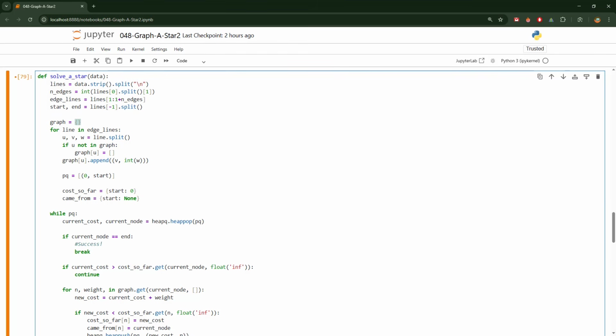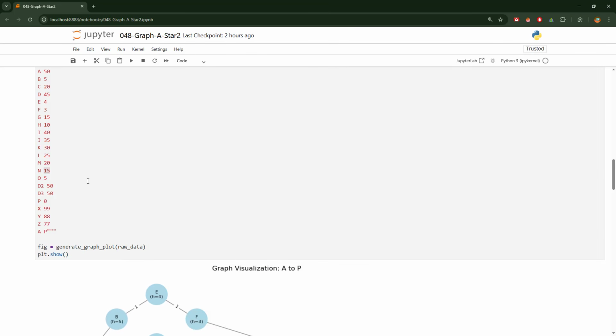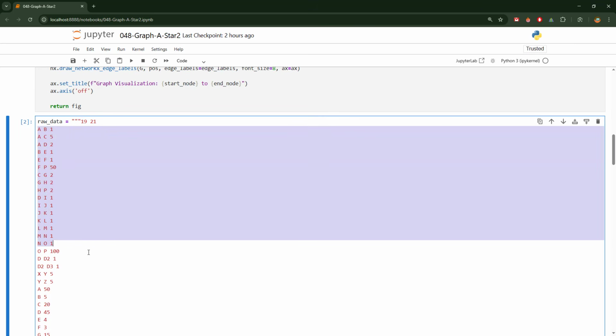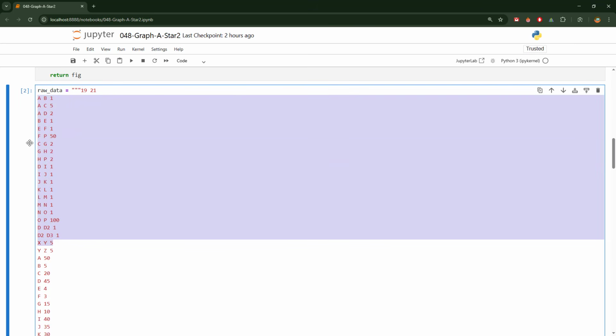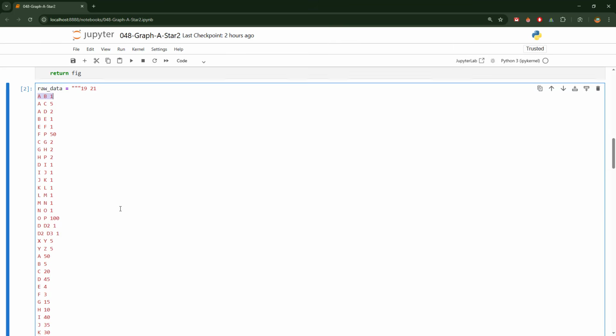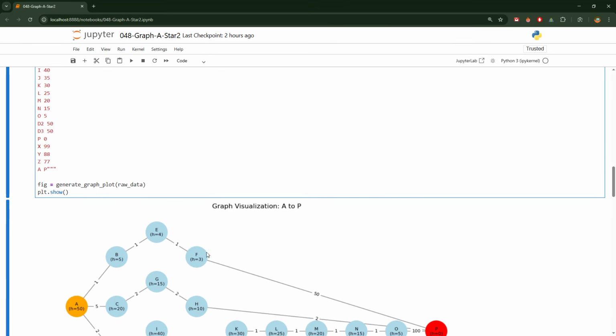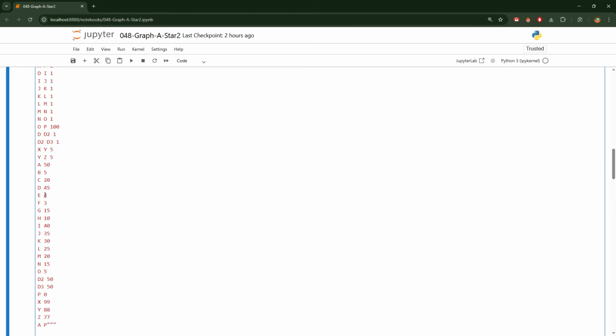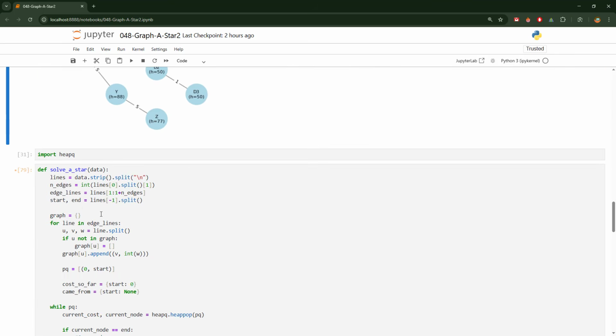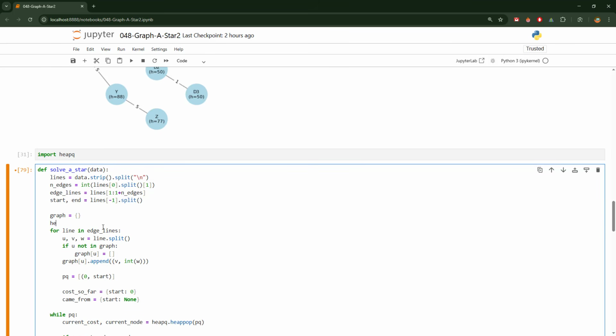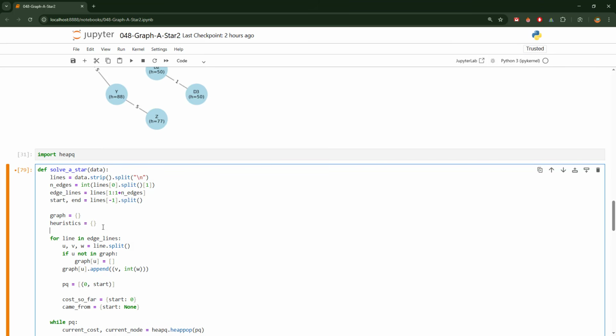Next, we have to read everything from here. So far we're only reading the first part, for example the edges A, B, 1. We are not reading the nodes and their heuristics, and we need to find a way to read these kinds of things. It's going to be a dictionary, a nice dictionary, so to say.